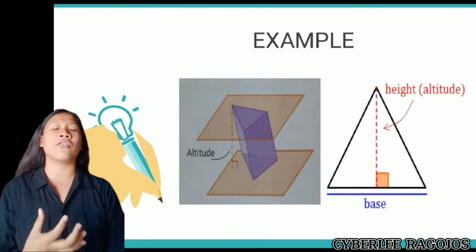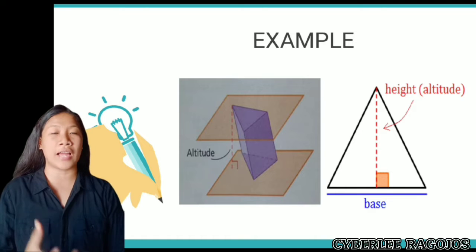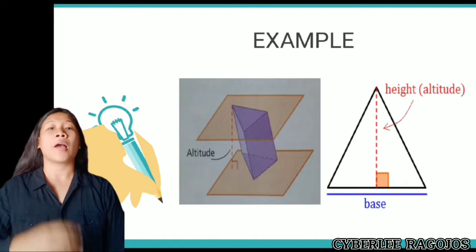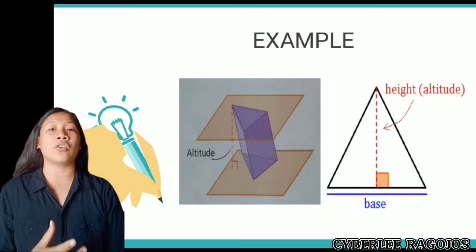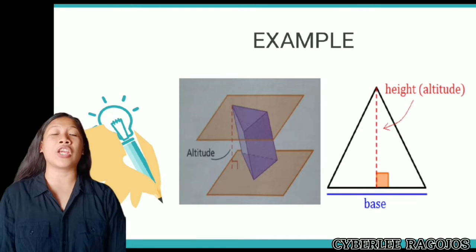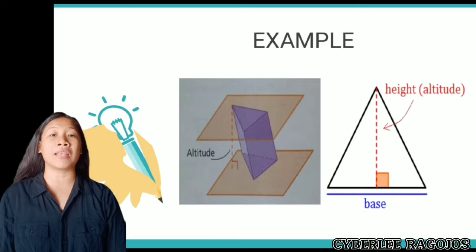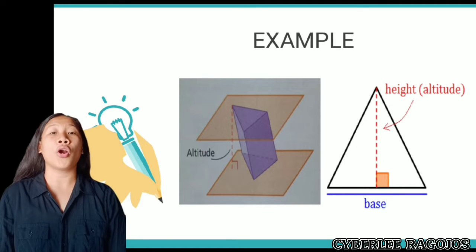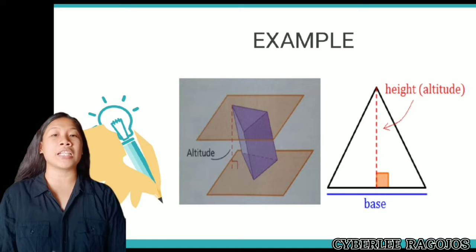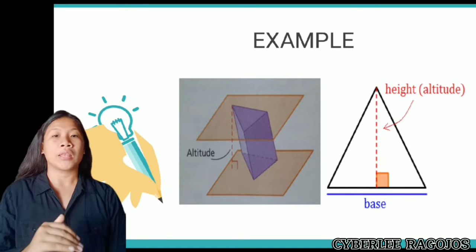So, let's define it first for us to understand what the base means. A base in geometry is a side of a polygon or a face of a polyhedron, particularly one positioned perpendicular to the direction in which height is measured, or on the figure's bottom. So, alam naman natin na ang base ay baba or pinakababa. Di ba?